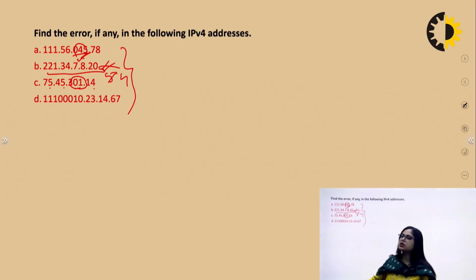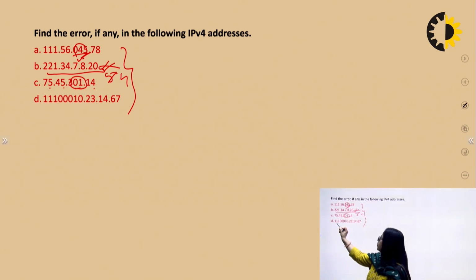Here 301 is exceeding the limit. The maximum limit is 255, that is 0 to 255, which means 256 values. So 301 is a number which is greater than 255.